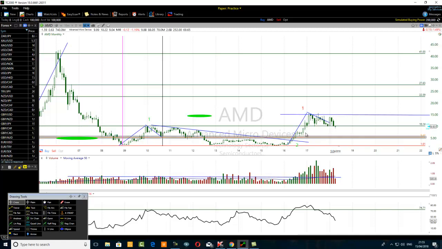Another thing I need to mention here is that though we are calling this the first wave, the next mistake that we don't want to make is that sometimes the first wave can be extended. So we are calling this now the first wave, which is normal. It may not be the end of the first wave. The first wave may be extended instead of forming a 1, 2, 3, 4, 5 impulse wave. Then our first wave may end somewhere else here instead of here.